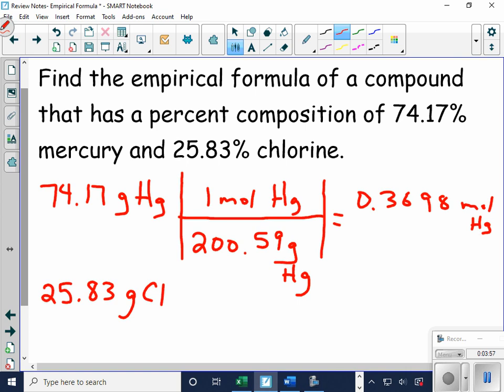So all I've done is figured out how many moles 74.17 grams of mercury would be. The grams cancel. I've converted that into moles.